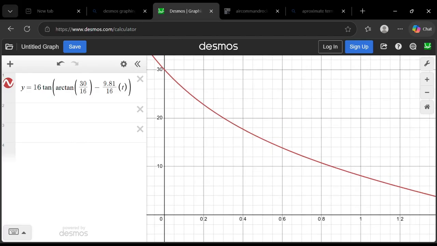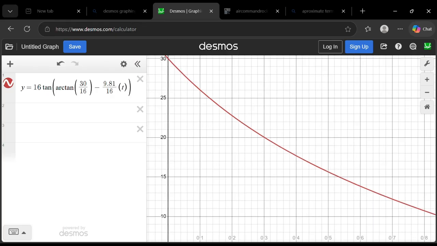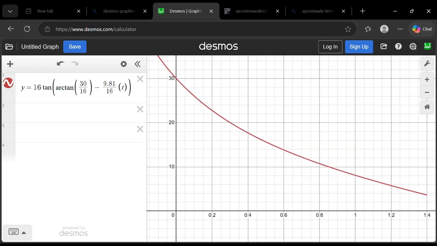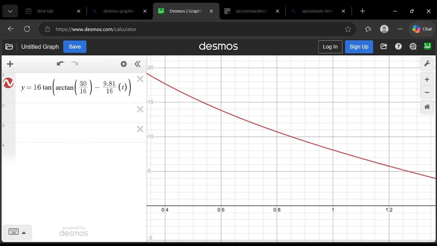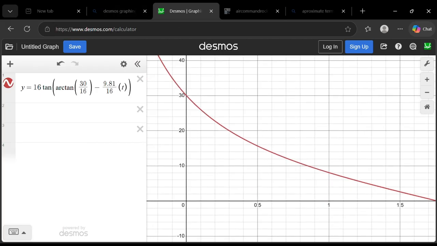But as you can see, this curve tells that the drag force is preventing the velocity from falling drastically. Instead of a straight line like this, it makes a curve, and that's because of the drag force that prevents the velocity from decreasing at the same rate.